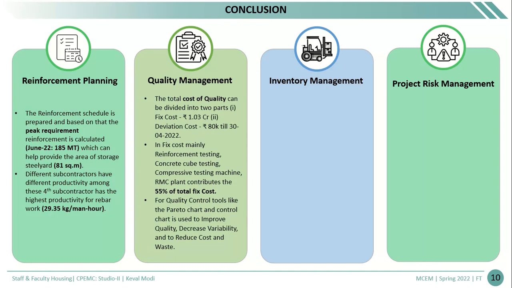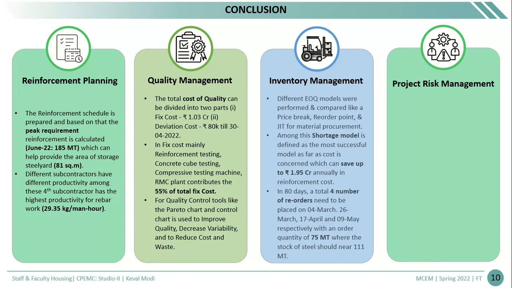In fixed cost, mainly the reinforcement testing, concrete cube testing, compressive testing machine cost, and RMC plant cost are contributing 55% of the total cost of quality management. The main purpose of quality control is to reduce the variability, increase the quality, and reduce the cost and waste.